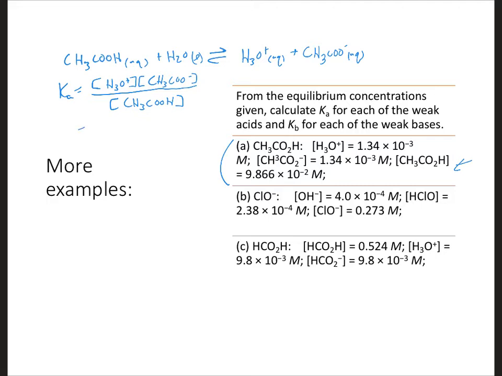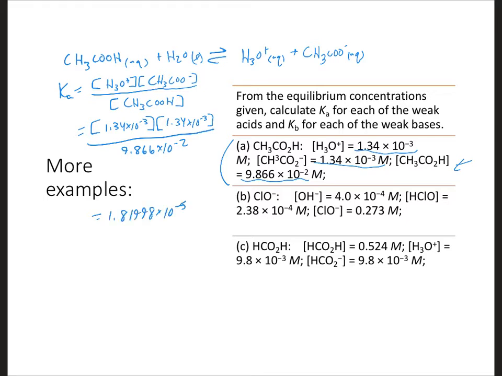These numbers are going to be different than on the previous slide, so we'll get a different answer. Now I've plugged in those values. They gave us 1.34 times 10 to the minus 3 for the conjugate base. For the H3O plus, they gave us 9.866 times 10 to the minus 2. And now it's just a matter of crunching that on our calculator.